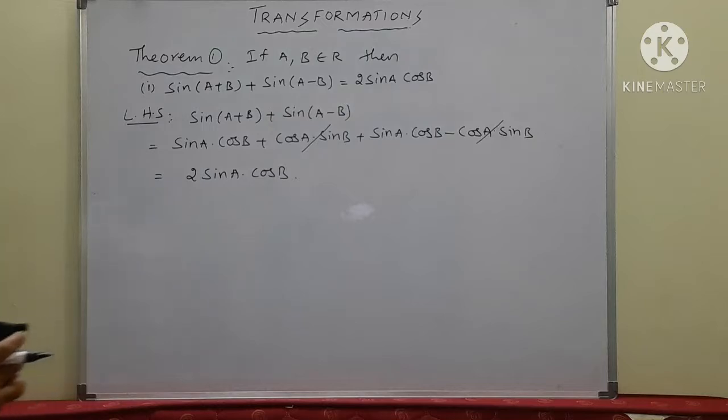So sin of a plus b plus sin of a minus b is equal to 2 sin a into cos b. The sum or the difference is transforming into product of two functions.